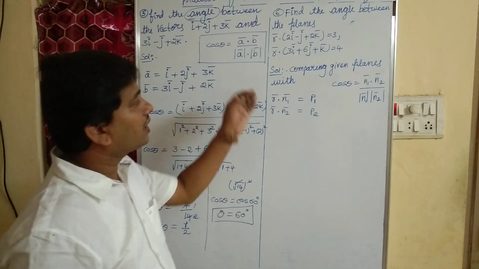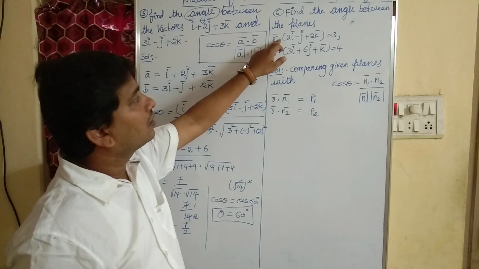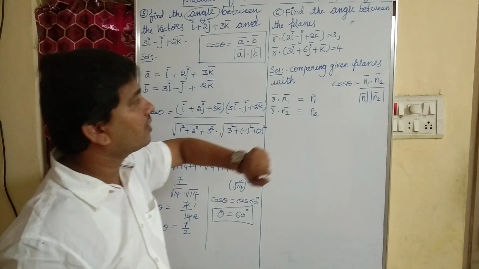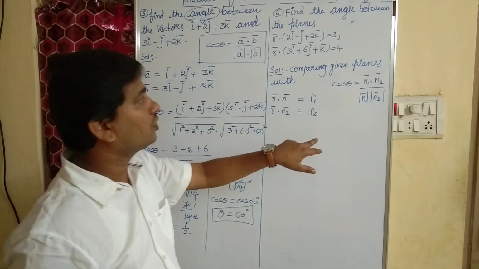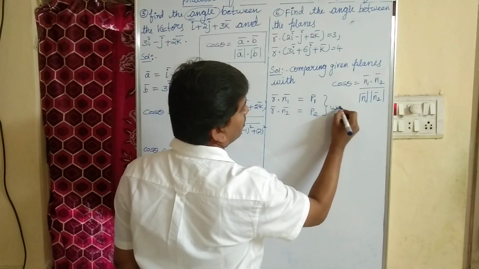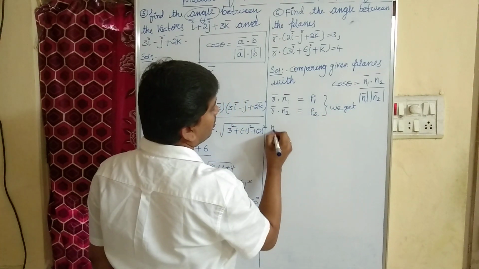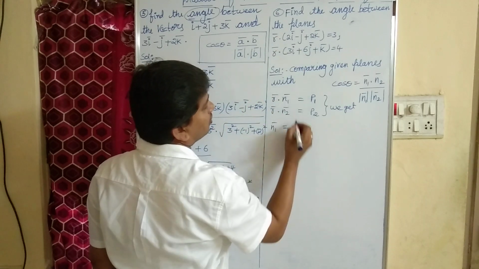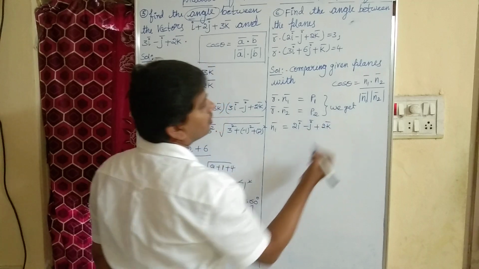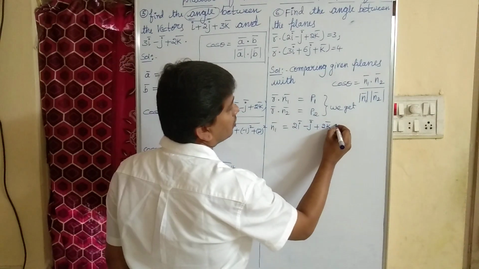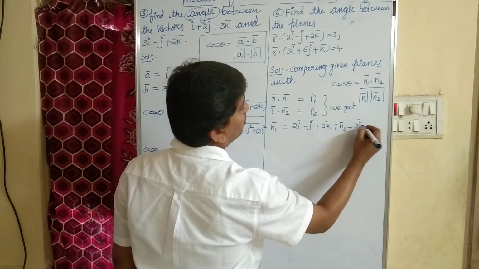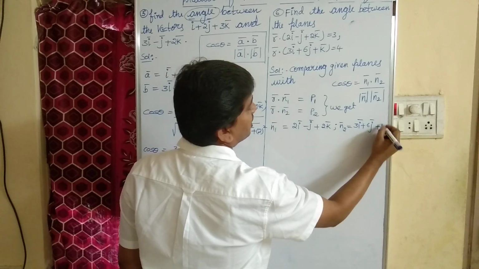If you compare the given planes with r bar dot n1 bar equal to p1 and r bar dot n2 bar equal to p2, we get n1 bar equal to 2i bar minus j bar plus 2k bar, and n2 bar equal to 3i bar plus 6j bar plus k bar, right?